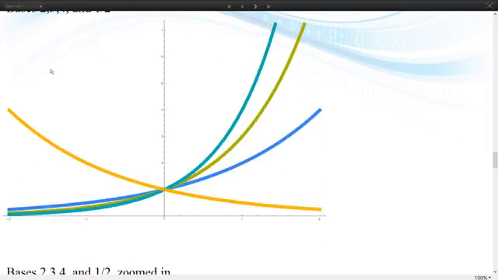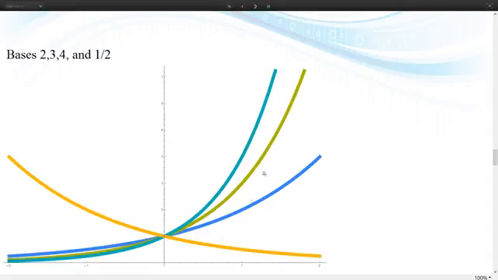Here's a chart of all 4 of these exponential functions placed on a graph together. The blue curve is base 2. To me that looks yellowish, is base 3, and the green one is base 4, and the orange one is base 1/2.